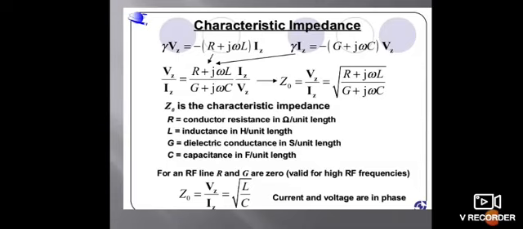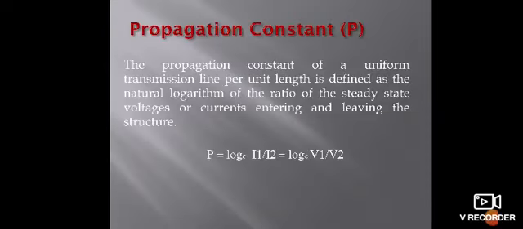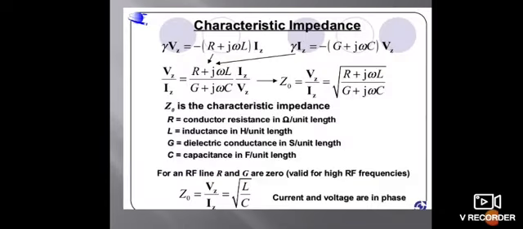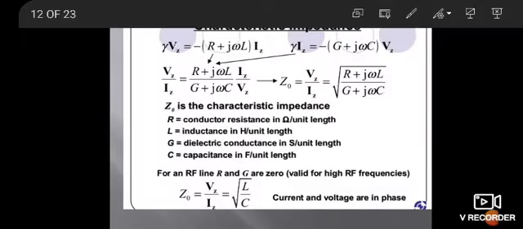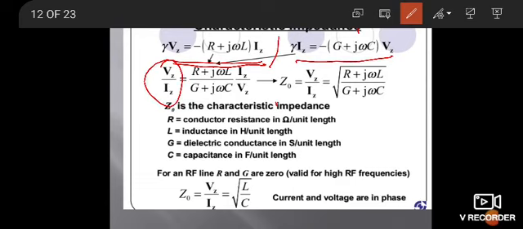So when we take this equation, Vz equals minus of R plus j omega L into Iz, and divide by the other equation, we get Vz equals minus of R plus j omega L into Iz, divided by this one.